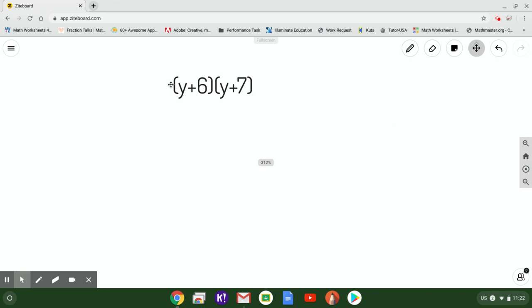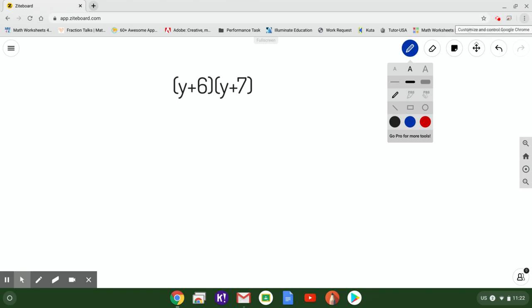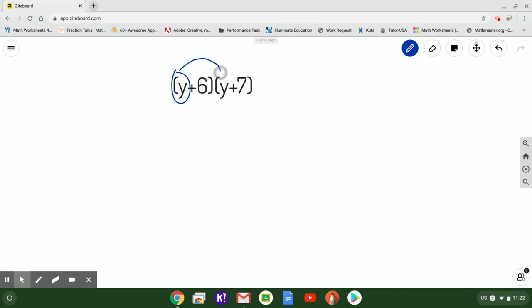So if you're going to do the distributive property method, which is the most common way, you ignore the 6 and you focus on the y, and you distribute just the y. So you do y times y, which is y squared, y times 7, which is 7y.